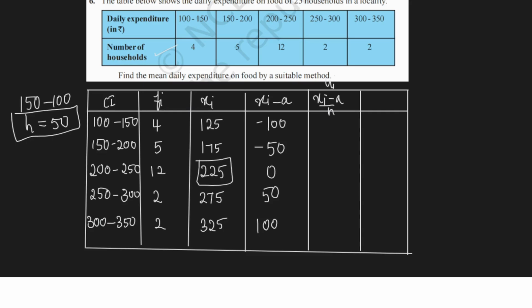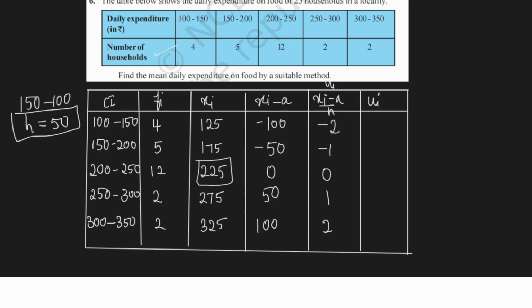So we are going to divide each of these values by 50. Let's do that now. Negative 100 divided by 50 will give negative 2, and this will give us negative 1, and this is a 0 here because 0 divided by anything is 0. 50 divided by 50 is a positive 1, and 100 divided by 50 is 2.